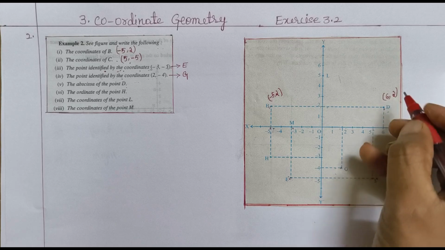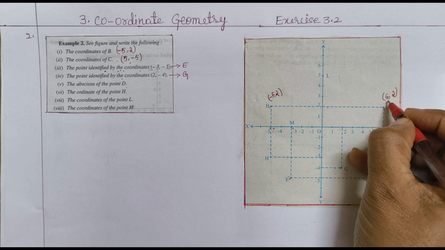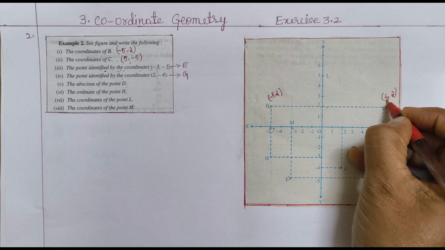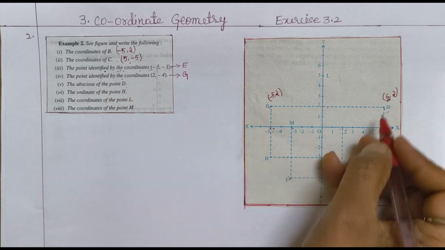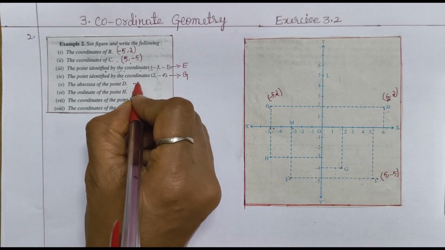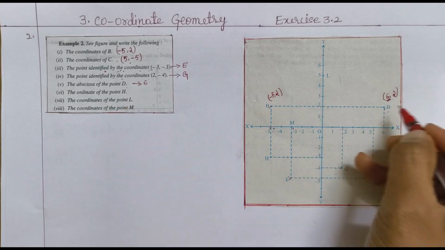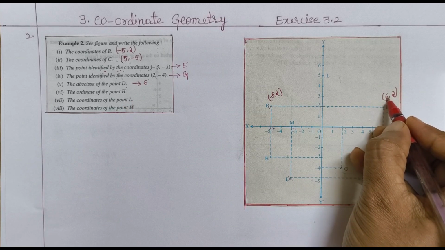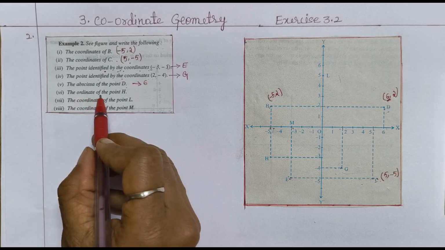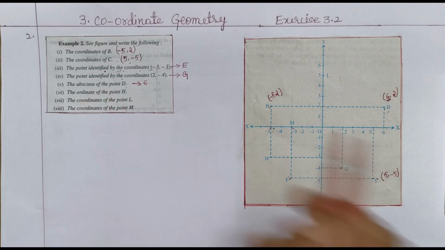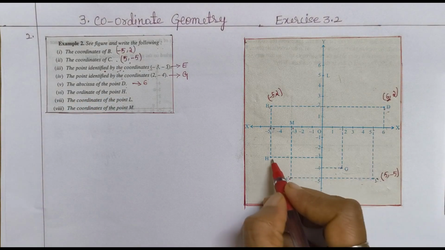He is asking for the abscissa. Abscissa means the x coordinate. So what is the D abscissa? 6 is the answer. Next, the ordinate of the point H. Where is H?